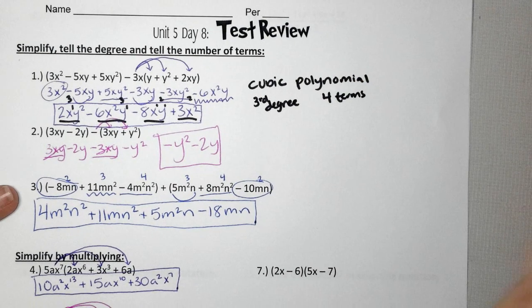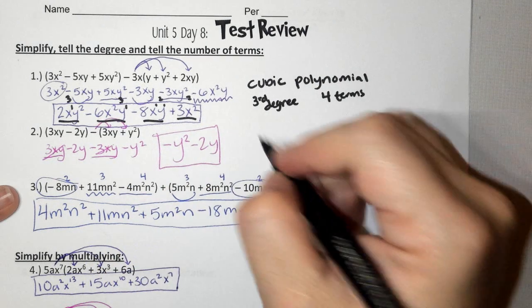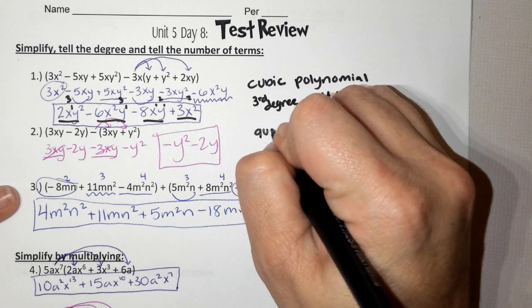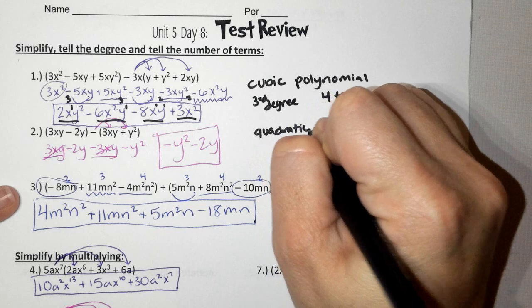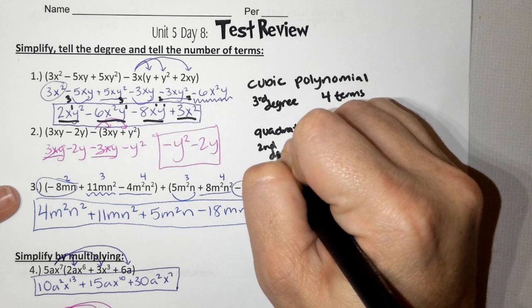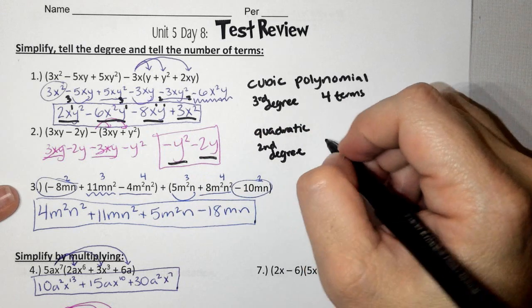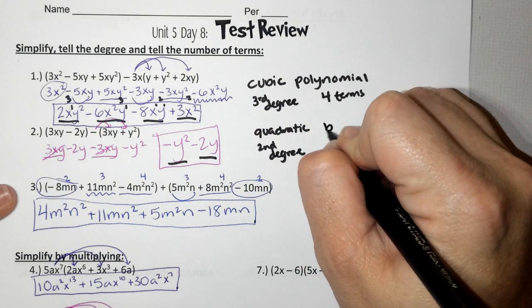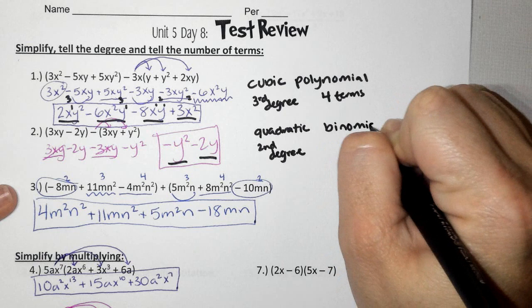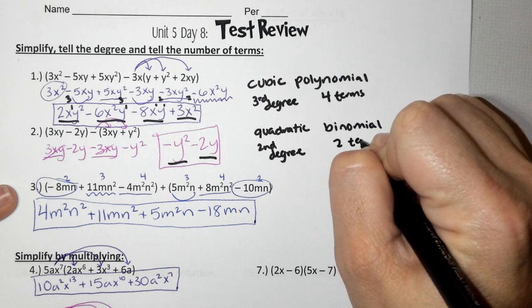Okay, here it's a degree of 2, so it's quadratic. And it's 2 terms, 1, 2. So it's a binomial because it's 2 terms.